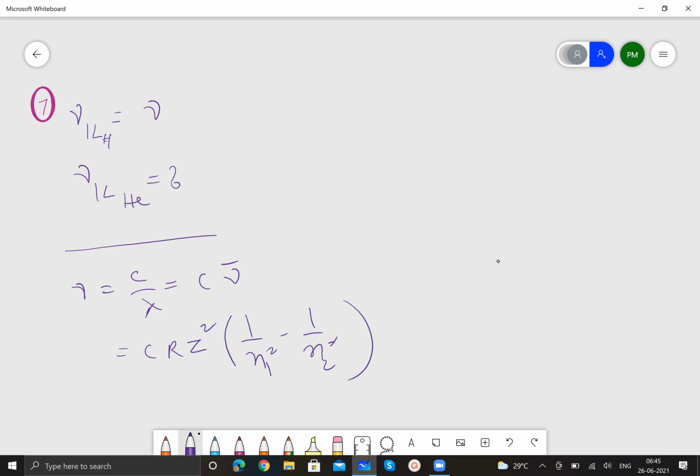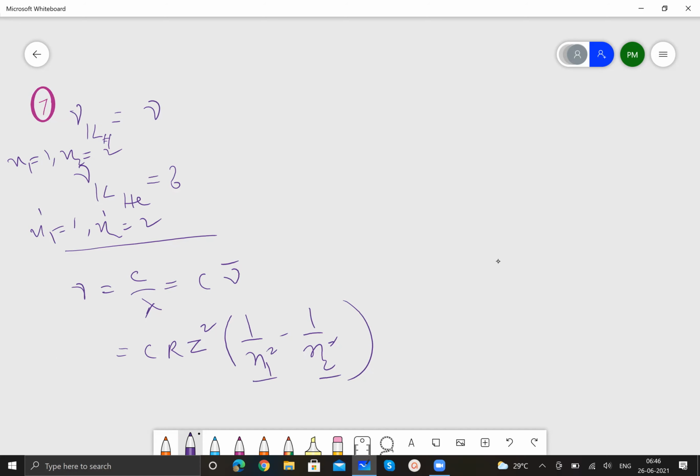So this is the formula. We have to write the ratio for it. N1 and N2 are same because it is given as first line. N1 here is 1, N2 here is 2. Even for this, N1 dash is 1, N2 dash is 2.